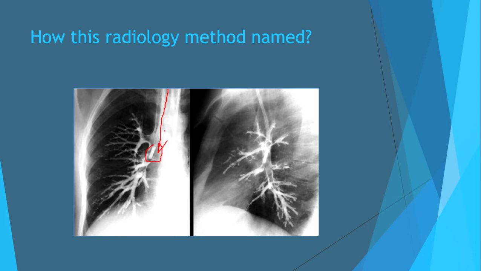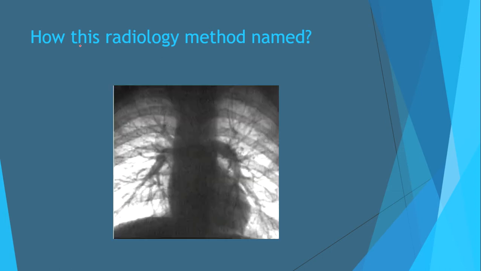So this method is called bronchography. It allows us to see the bronchial tree, but now it's not used frequently because it's too irritating to the lung and the bronchi. We have many allergic reactions when we use this method. So it's now mostly history.